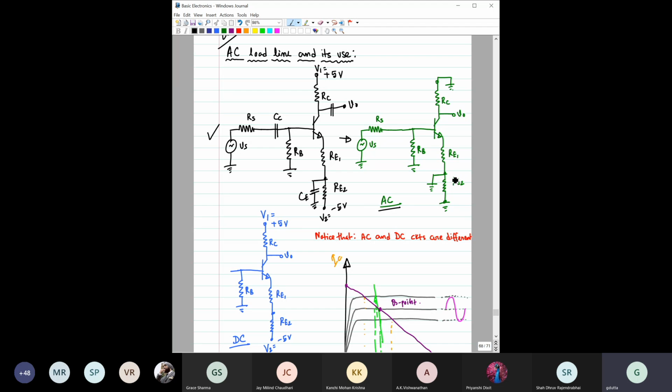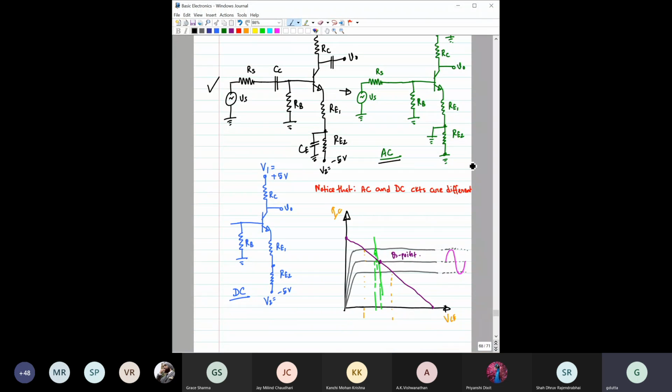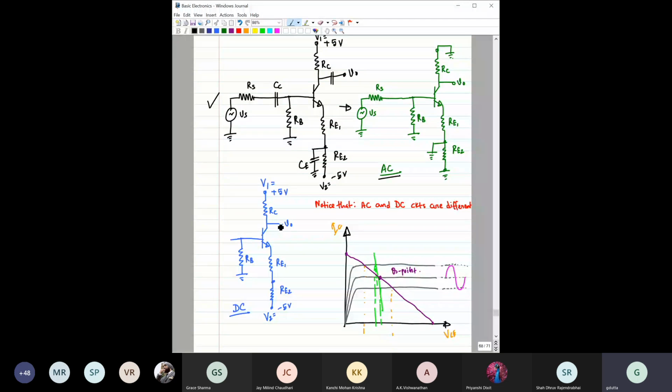So this is the AC circuit. Now, if you have to draw the load line, load line means IC versus VCE. If you are drawing the load line on the output characteristics, IC versus VCE, then this is the DC load line.